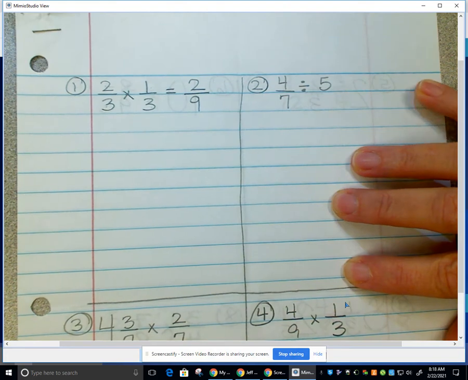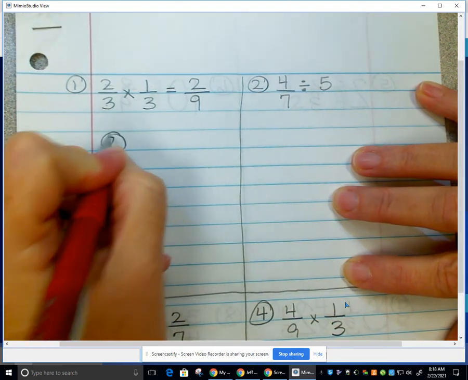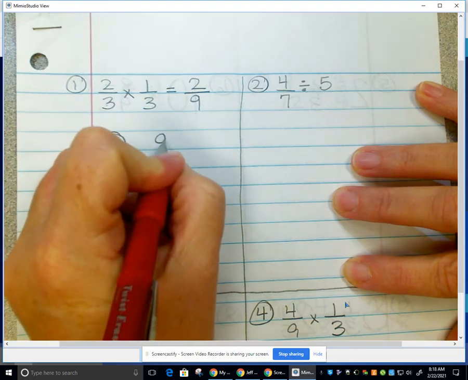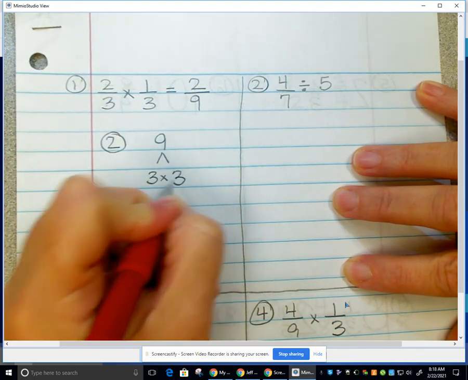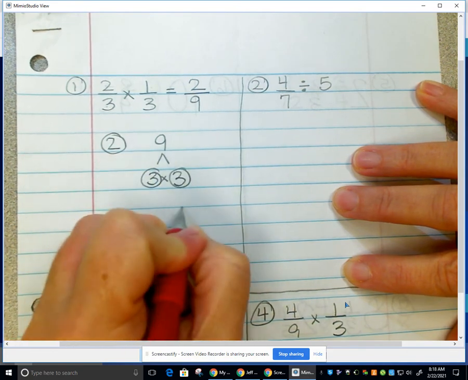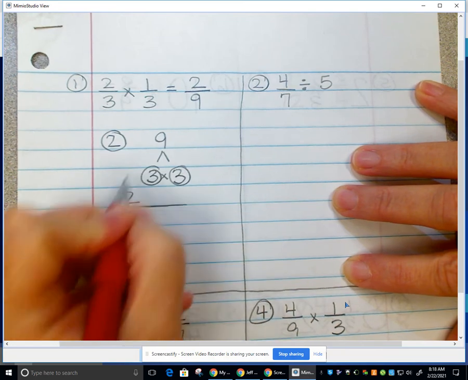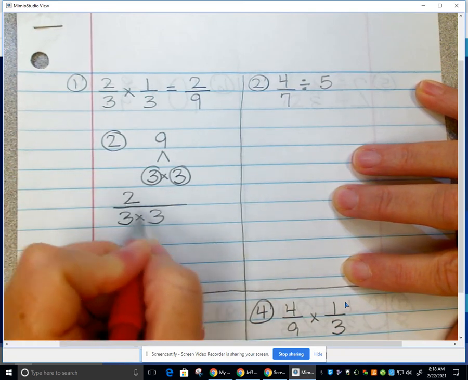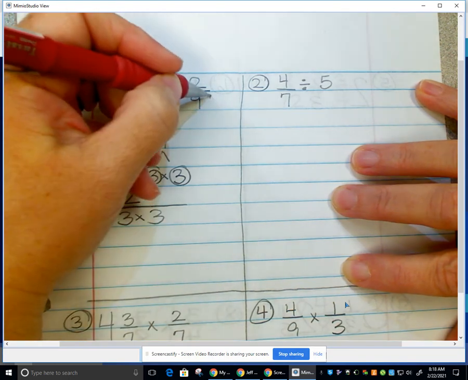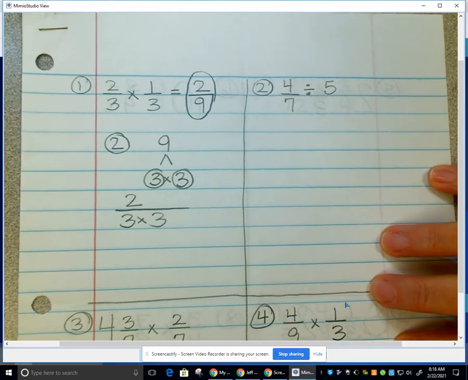And I need to make sure it's in simplest form. 2 is prime. 9, I'll say 3 times 3. Prime, prime. I draw my line, put the numbers circled for 2 on top, the numbers circled for 9 on bottom. Nothing matches, so that tells me that this is my final answer. That is in simplest form.